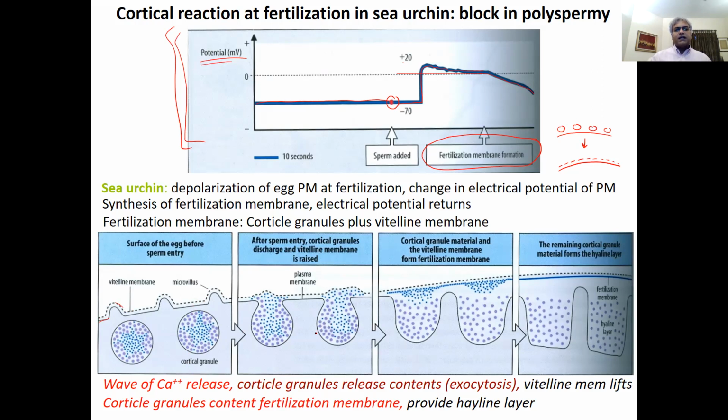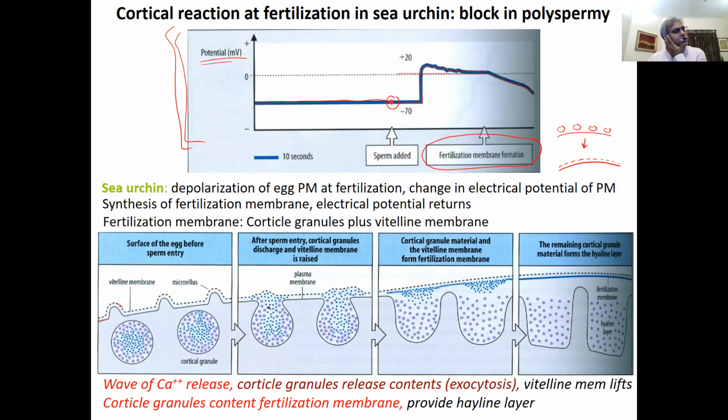Now, as soon as the process of fertilization takes place, there is a wave of calcium ions. And soon we are going to see what are the consequences of calcium ions, and why this wave of calcium ions is important. We are going to see in the next slide.